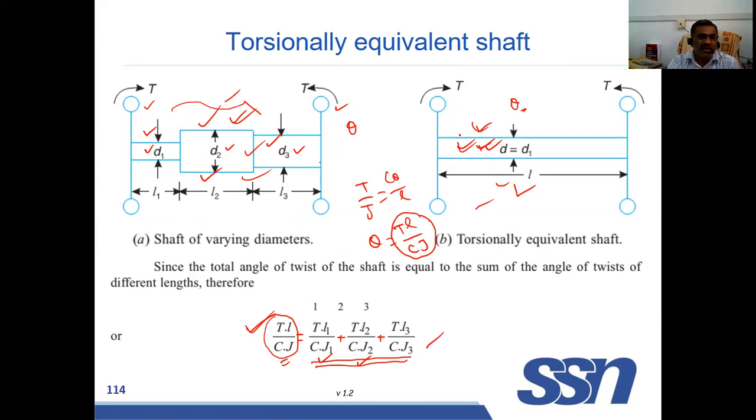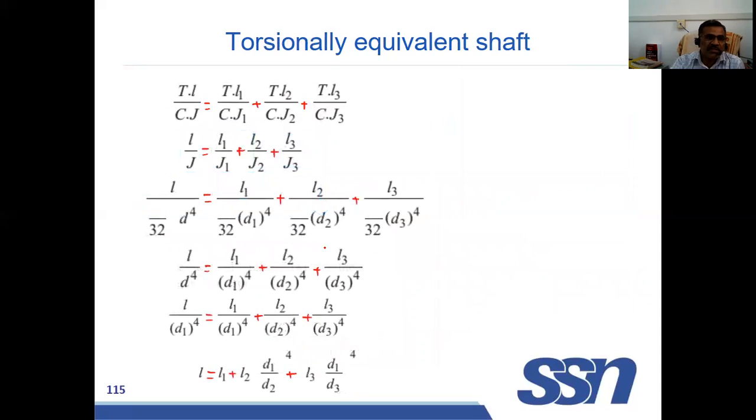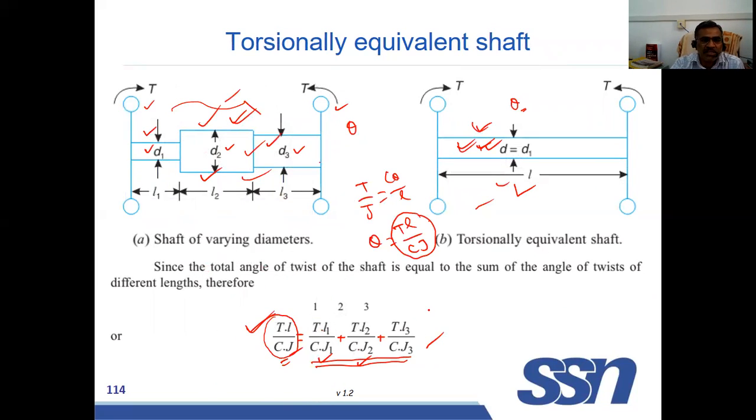Now, by substituting the value of J and all other things, finally you will get an equation like this. What is that equation?